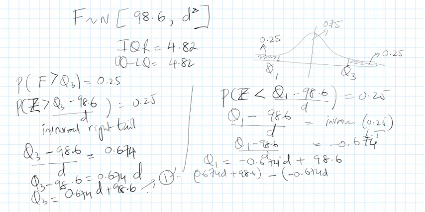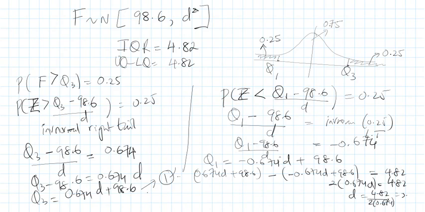Q3 minus Q1 is equal to 4.82. Then we just substitute them both in, and we'll only have D left. Yeah, exactly.